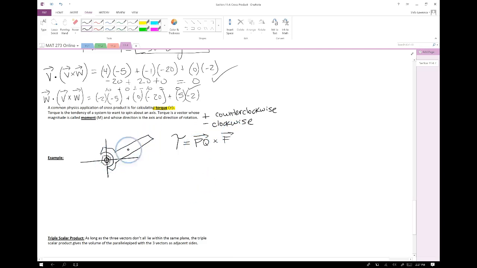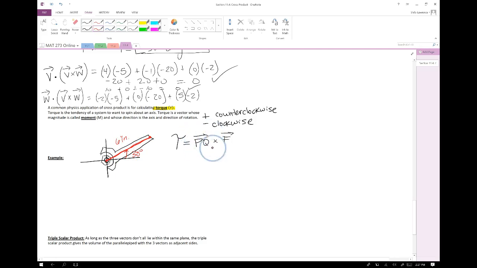So our lever arm here, that's actually a physical thing that we can see and manipulate. That is the handle of our wrench. So we need some information for this wrench. And I'm going to say that this thing is 6 inches long, and it's at an angle of 30 degrees.